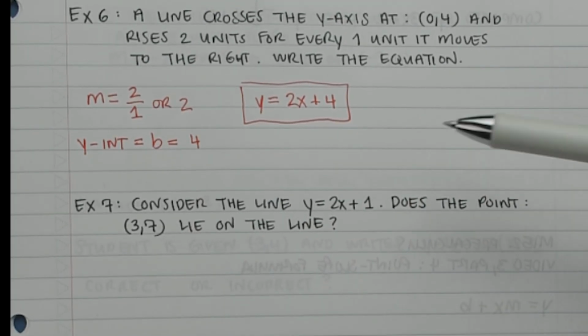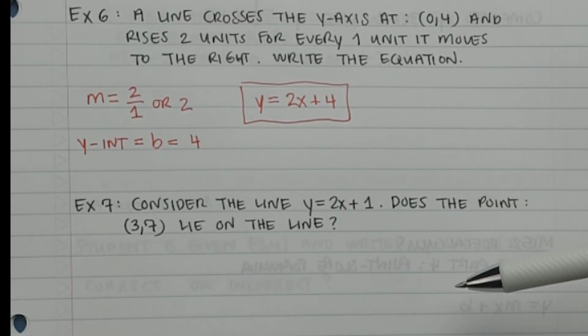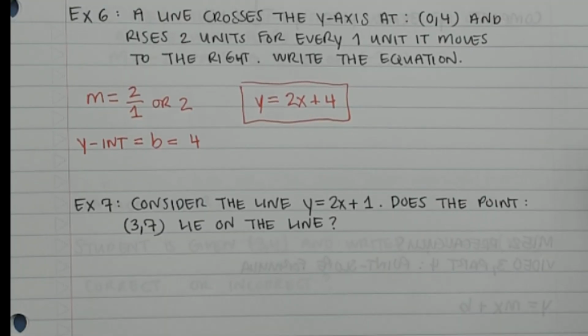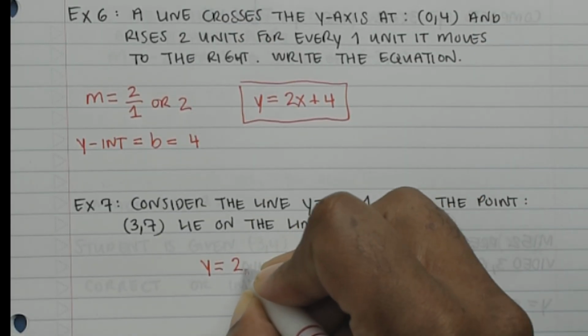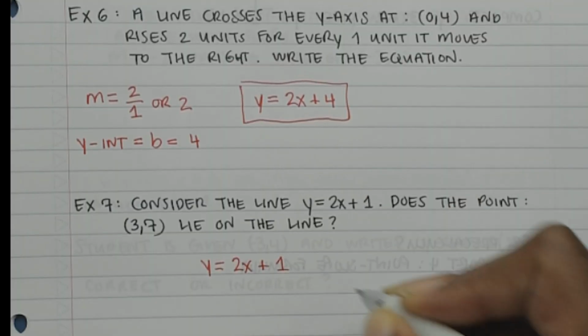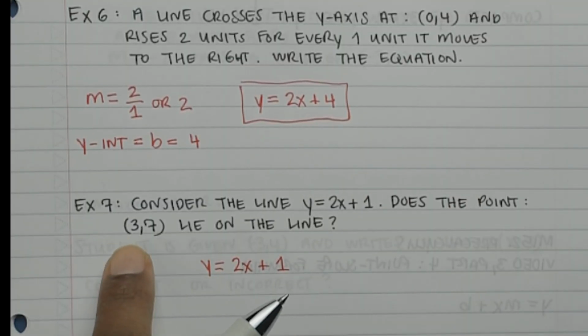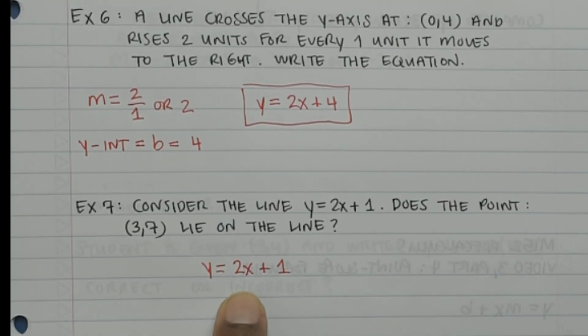Example number 7. Consider the line y equals 2x plus 1. Does the point (3, 7) lie on the line? So first of all, we want to substitute x equals 3 and y equals 7. So we have y equals 2x plus 1, and I'm just going to substitute this information into this function.